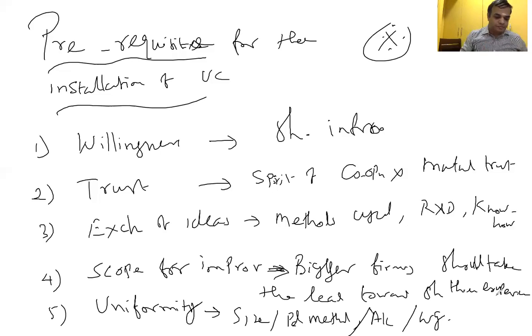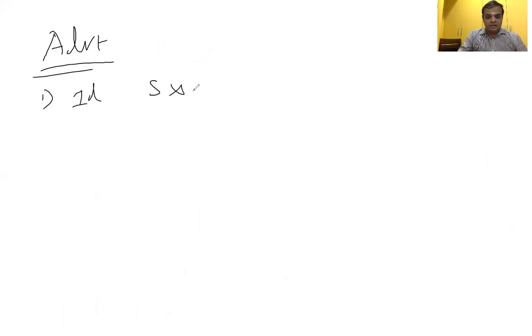Most important question: what could be the advantages with respect to uniform costing? So, advantage: companies in the industry can identify their strengths and weaknesses based on comparison.